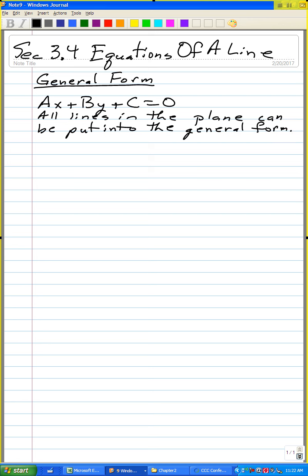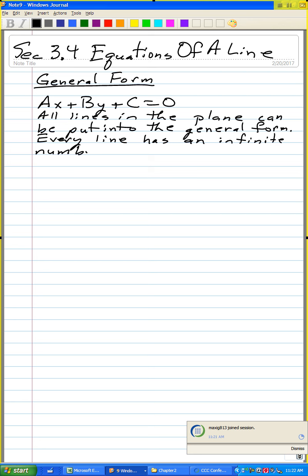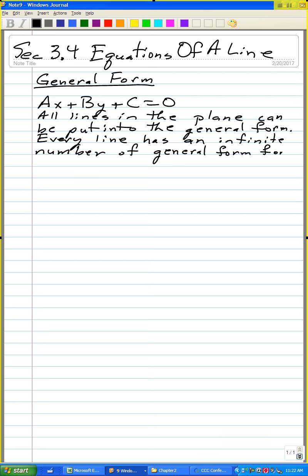However, every line has an infinite number of general forms for the equation of the same line.